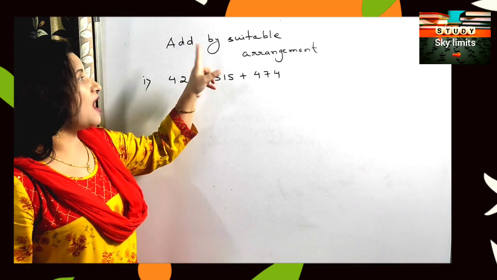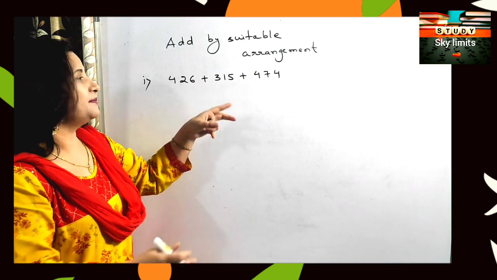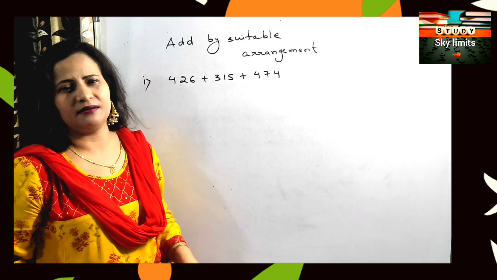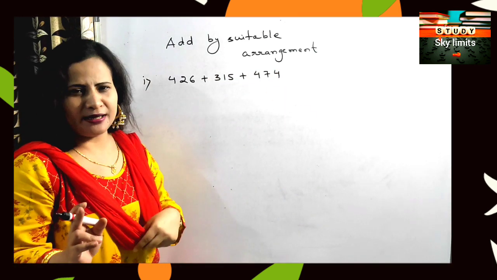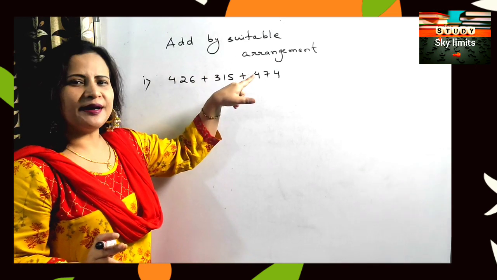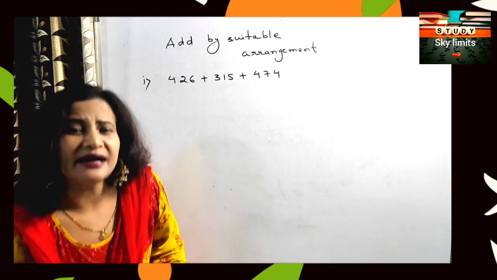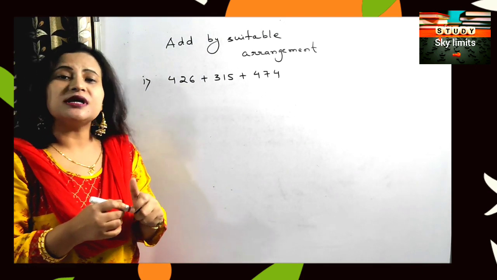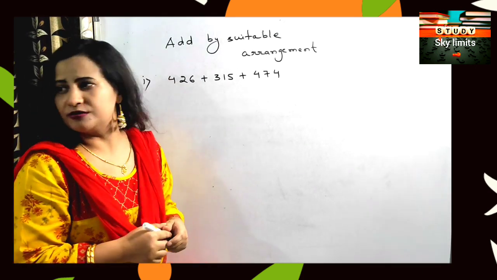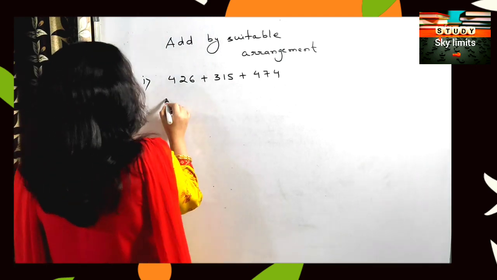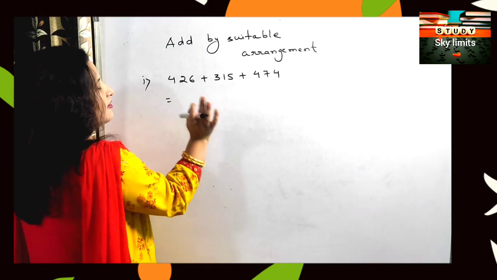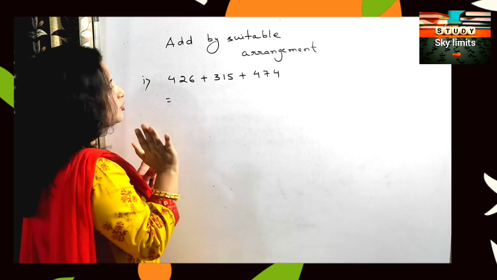But when you're asked to add by suitable arrangement, you cannot simply add as you are writing in column and adding. No, that won't help. When you're asked to add by suitable arrangement, you have to add by suitable arrangement. And how are we going to do that? In this case, we will use the associative property of addition, right? So what is the associative property of addition? Now just see, what you have to do.